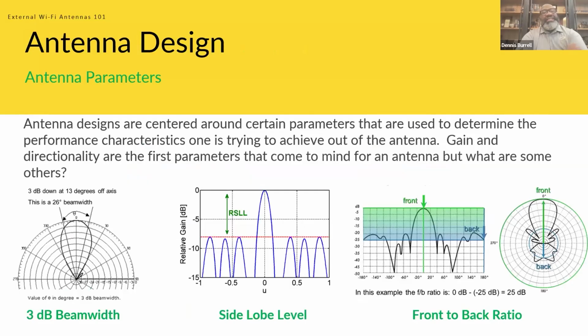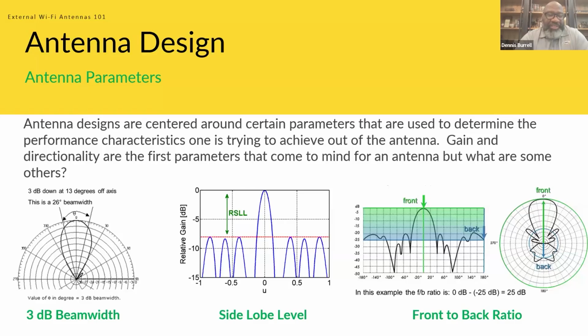So when you're doing antenna design, you want to talk about specific parameters. And here's a few that I think everyone should be aware of, specifically when you're designing with external antennas. I just talked a little bit about beam width, right?